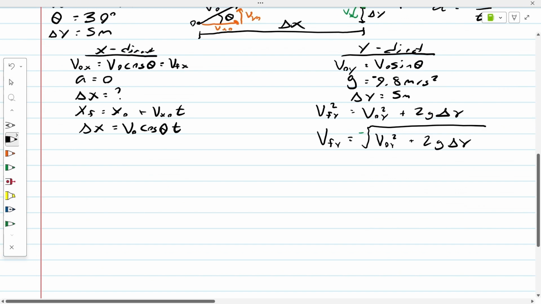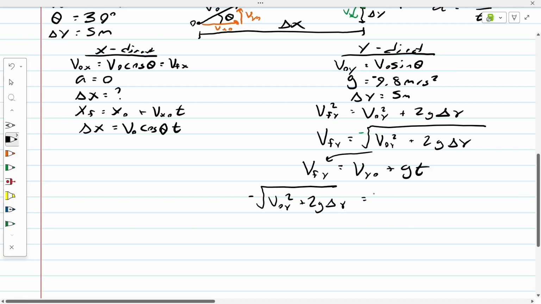So now we have this velocity final, and we also have this equation that we can plug it back into: velocity final in the y equals velocity y initial plus the gravity times time. If we plug this whole part into here, we get negative square root of v naught y squared plus 2g delta y equals vy naught, which we also know what this is. I'll probably solve for this before, just because it's going to get a little messy if we plug in a bunch of variables there.